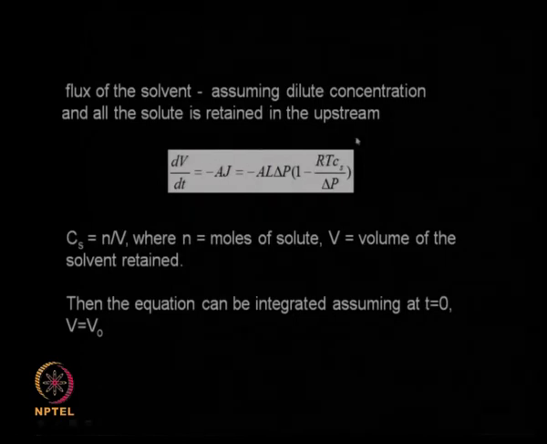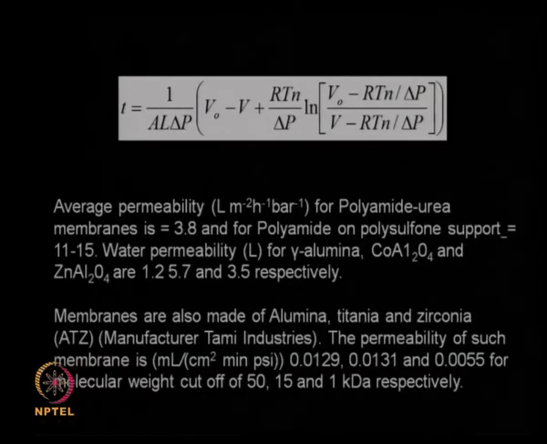This equation can be integrated assuming at t equal to 0, V is equal to V0, correct. If you do that, we will end up with a relation like this: t is equal to 1 by AL delta P and so on. We will talk about the relationship between the concentration of the dissolved solute and the osmotic pressure later. Now, the average permeability, look at the units: liter per meter square per hour per bar. Bar is the pressure, hour is the time, meter square comes in because of the area.